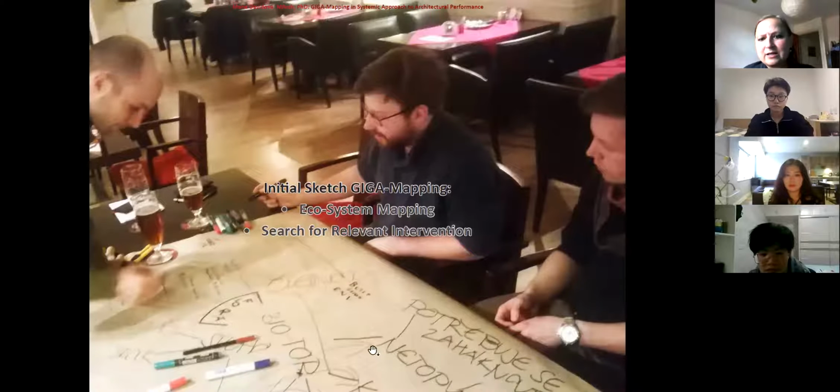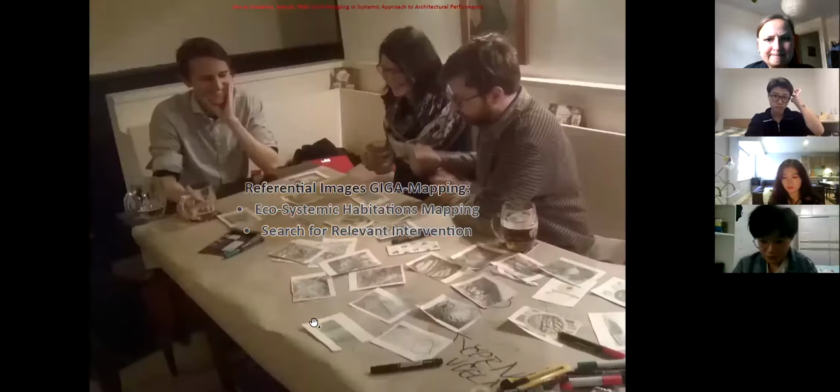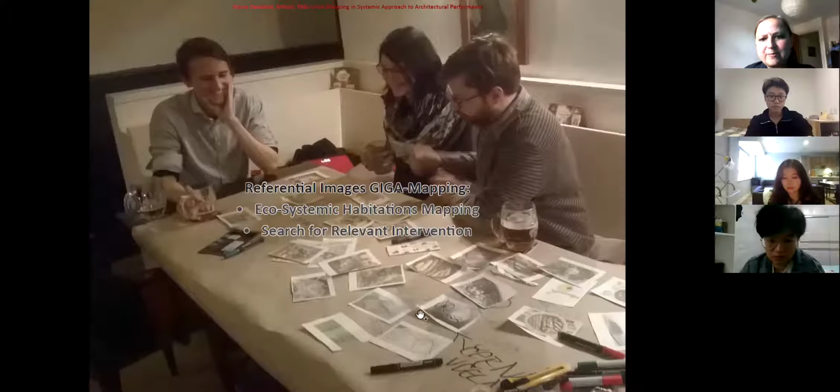The initial workshop was sort of mind mapping, finding out what is in the area. Then in the other workshop, I asked people to bring already printed-out referential pictures. You have that saying, one image says all.